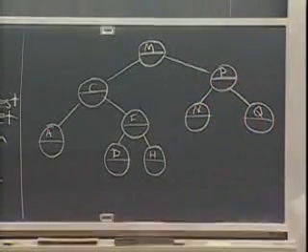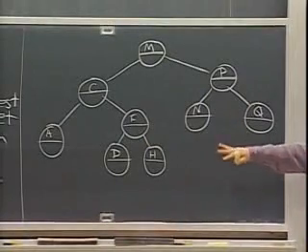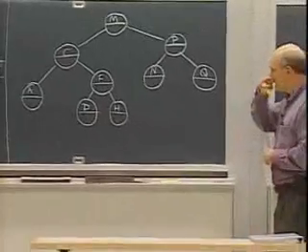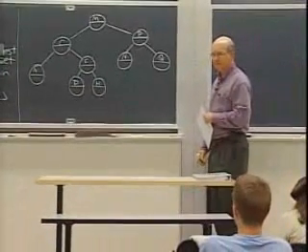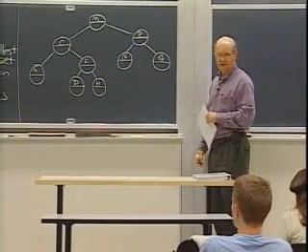This is a red-black tree, so just for practice, how can I label this tree so it's a red-black tree? I haven't shown the nils. Remember, the nils are all black. So how can I label this red and black to make sure it is a red-black tree?